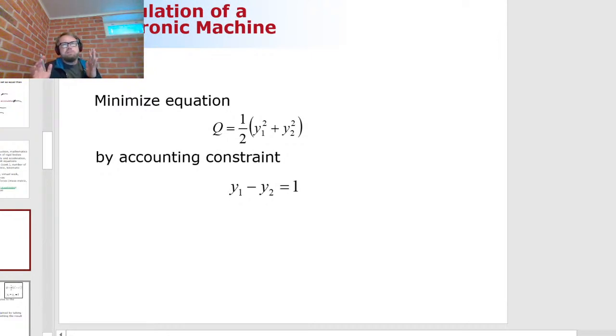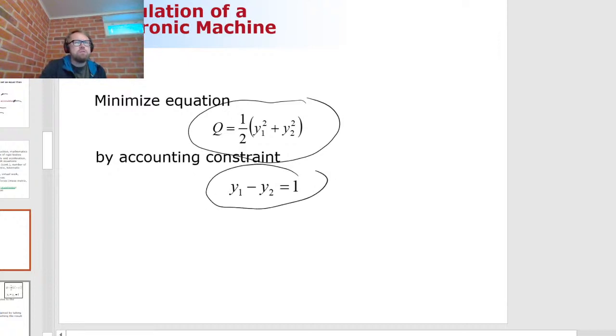So I'm dealing with the minimization problem, which is very, very typical in mathematics. So I have my function here, my equation here, and I would like to find the minimum of this function such that I have to take the constraint into account. So I have my original equation and then my constraints. And I want to find the minimum of my equation in such a way that I'm obeying my constraint.